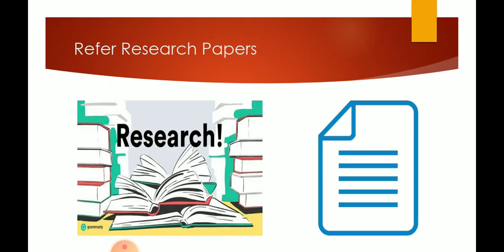Then you may not get a research paper with the same concept as well as the same language, but you might get a research paper in Python, while you need it in Java. Then you can convert that to Java if you get the concept or the idea. So you must refer to as many research papers as possible so that you can get more information about your project.